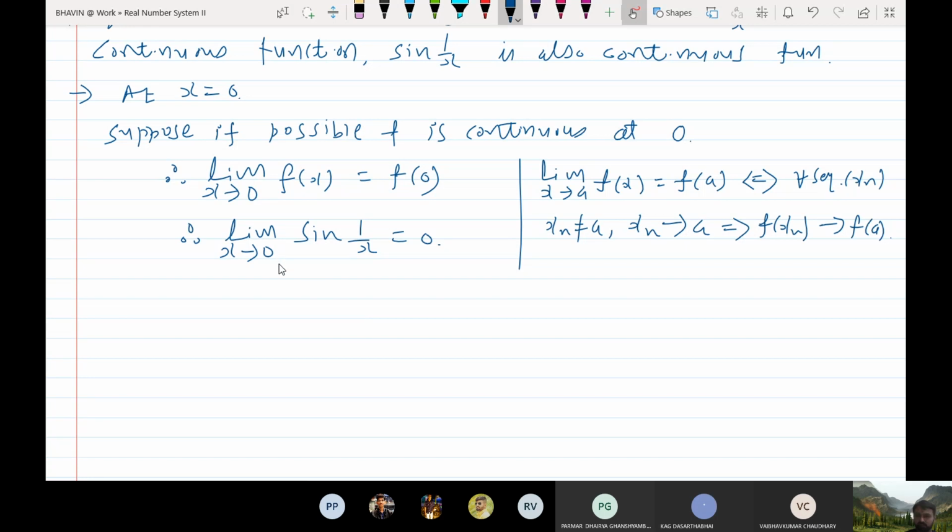Here a is 0. So I will take two sequences which converge to point 0. I want to show that this limit does not exist, so I should show this. If I take any sequence xn tends to a, I should show that f(xn) tends to f of a. But if I am unable to show this, then our assumption must be wrong. So now let me take xn. I want to construct a sequence which converges to point 0.